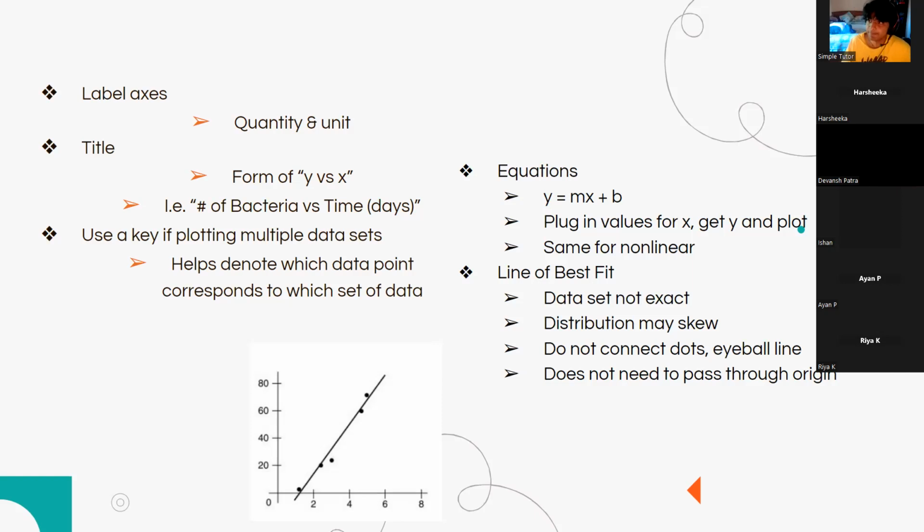They always try to draw their line so that it passes through the origin some way, and it really messes up their slope and their measurements.